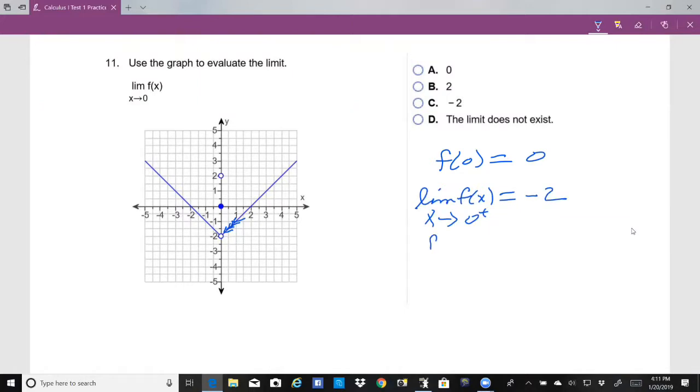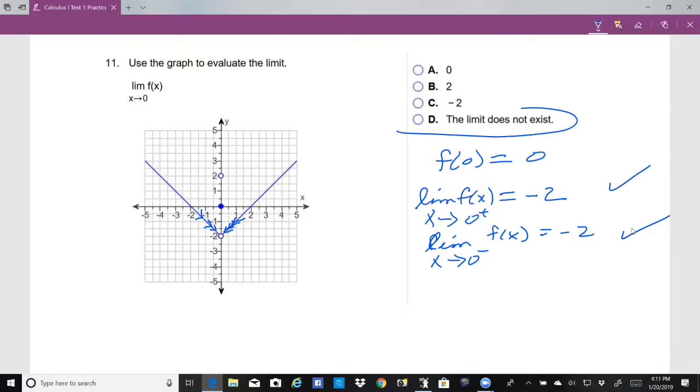And if you take the limit as x approaches 0 from the left of f of x, coming down, as x gets closer and closer to 0, y gets closer and closer to minus 2. And so they agree.